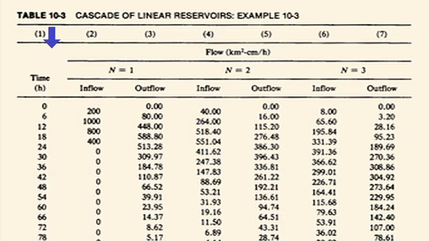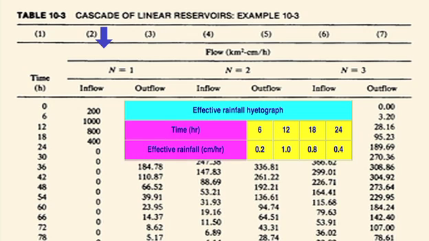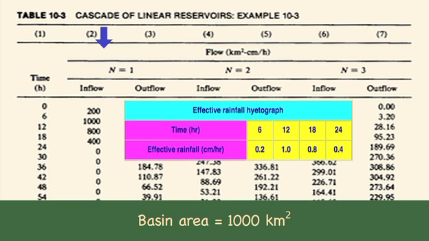Column 1 shows the time in hours. Column 2 shows the inflow to the first reservoir in km²/cm/hour units, calculated by multiplying each of the effective rainfall intensities times the basin area, which is 1,000 square kilometers.